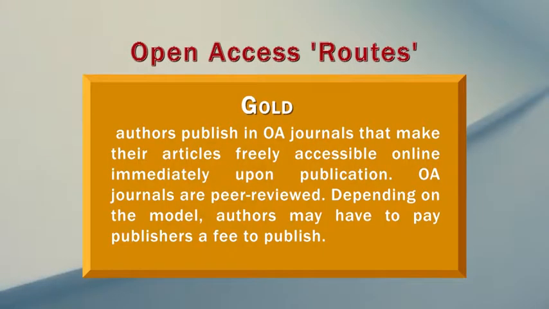Now, nothing comes for free. There are different models for these gold access routes, where the author publishes in the open access journal. For instance, PLOS and Science follow the gold route. They are open access journals where the author pays for publishing the article, but to the end user it is free.